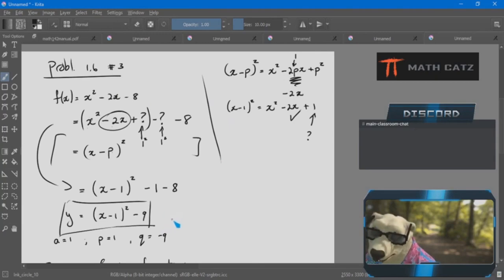Now, this is only our first example. Tomorrow we have to do something with an a other than 1, and then talk about how the general form and the standard form are linked in general, and all those nice things.